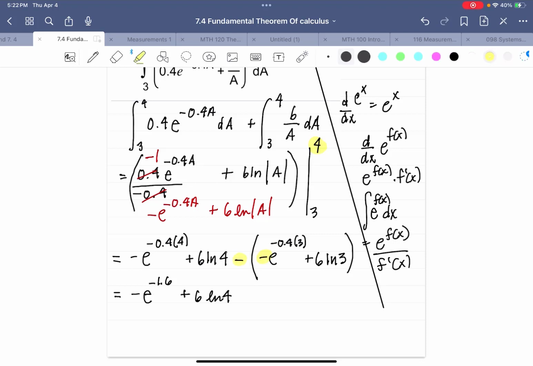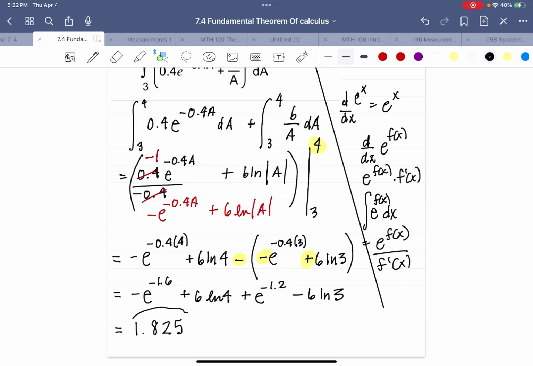Minus and a minus is a plus e to the negative 1.2, when I multiply those two together, and then careful, it's going to be a minus 6 times the natural log of 3. And you can just put that in your calculator. And if you do that, and you may have to do it 2 or 3 times, just to make sure you've entered it right, and you round it to 3 places, you'll get 1.825.